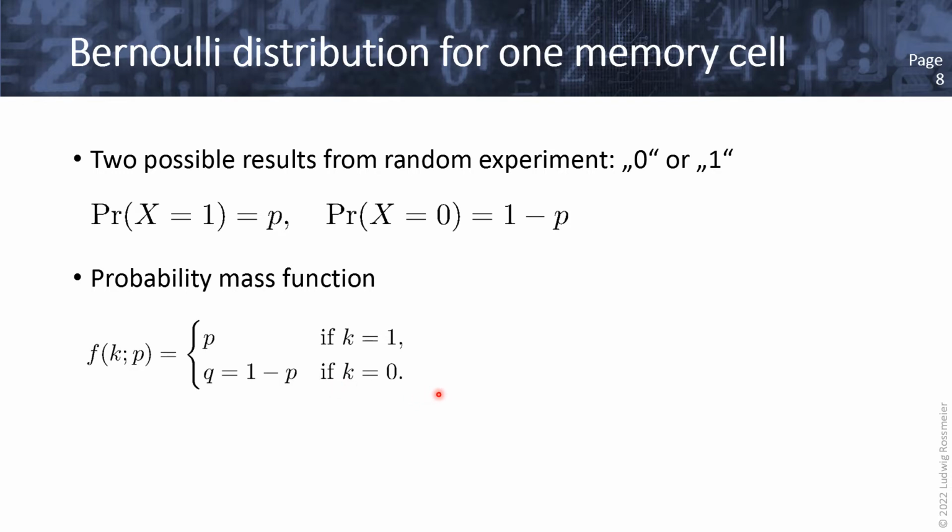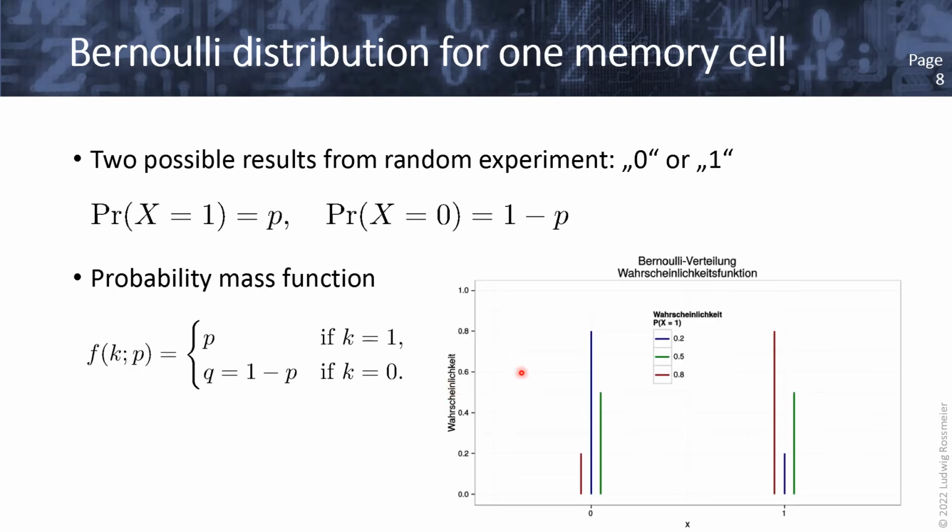I can show you some graph. On the right-hand side, we have the possible results, either 0 or 1. And on the y-axis, we have the probability.